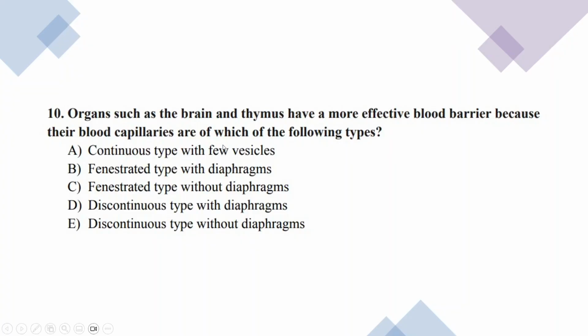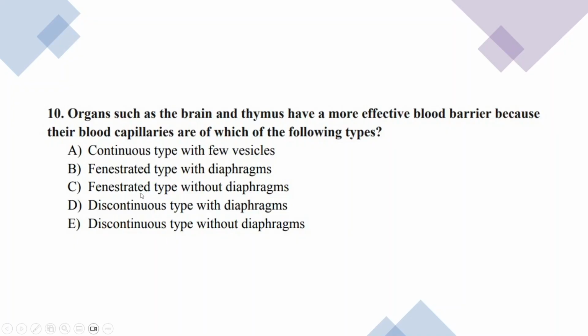Okay, so here's a question. Organs such as the brain and thymus have a more effective blood barrier because their blood capillaries are of which of the following types? Now, first of all, it can't be discontinuous. We have already stated that sinusoidal capillaries have discontinuous basement membrane and discontinuous endothelium, and that means it can let a lot of substances pass through.